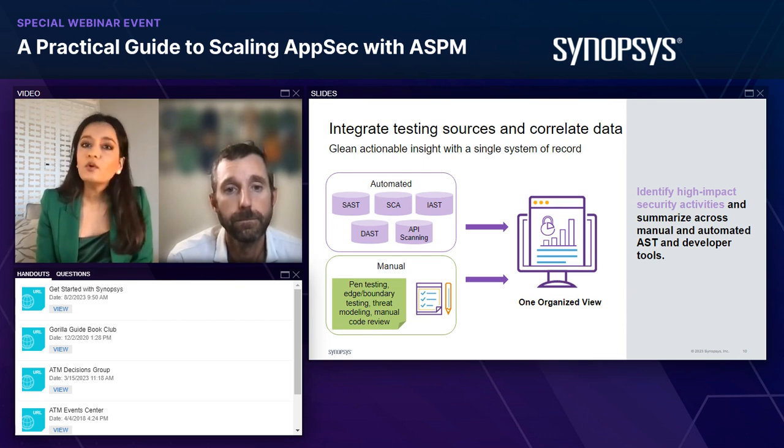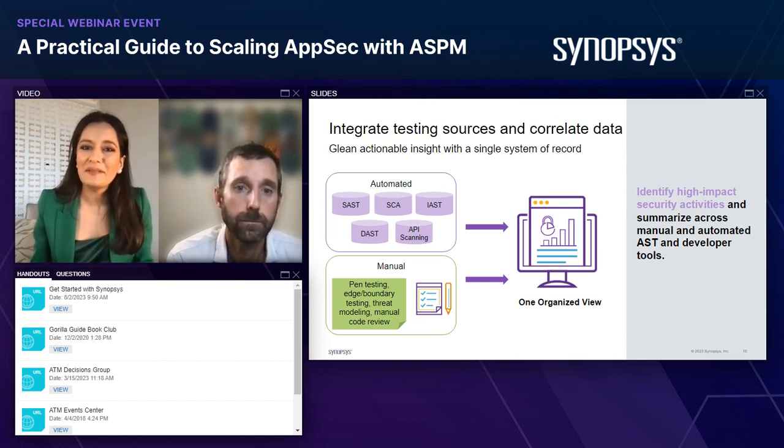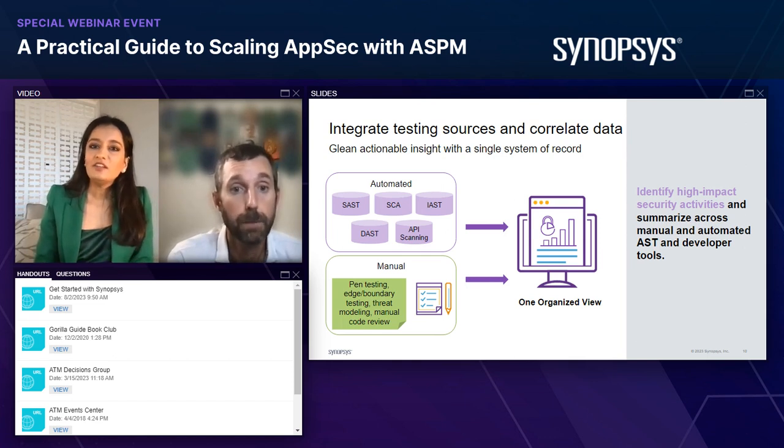And in an organization, as you showed in your previous slide, there are various sources of that across vendors and across both your automated tooling and your manual testing.